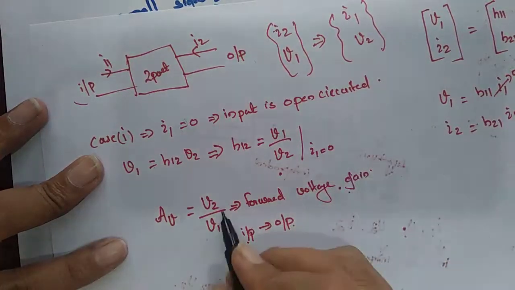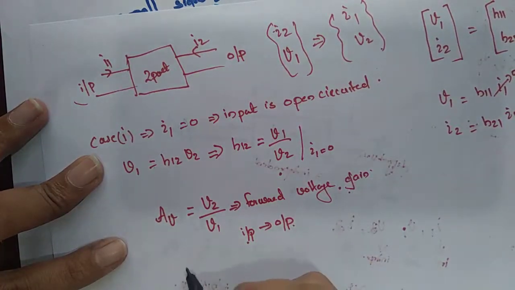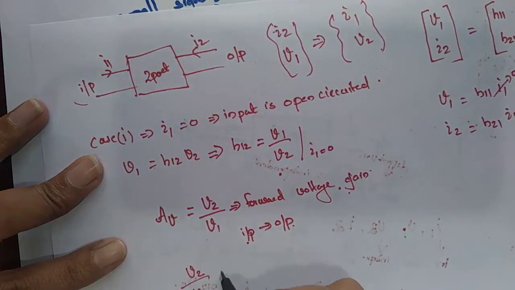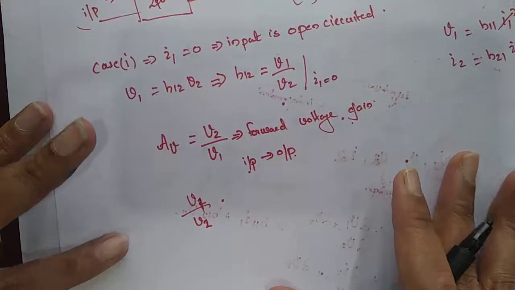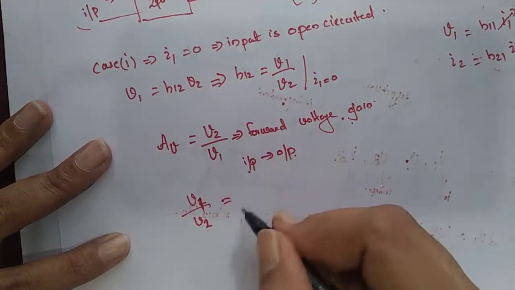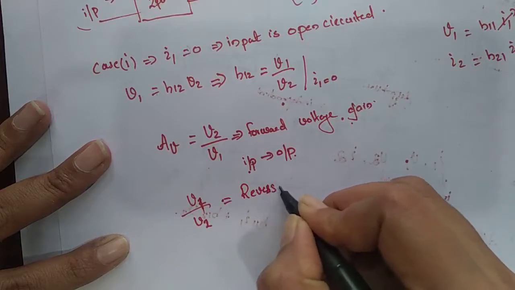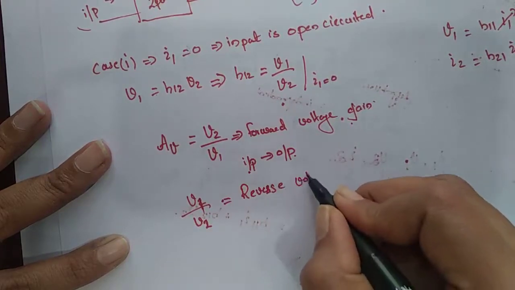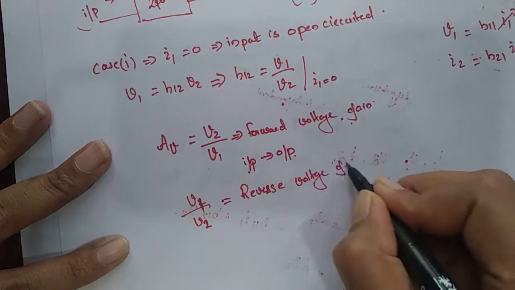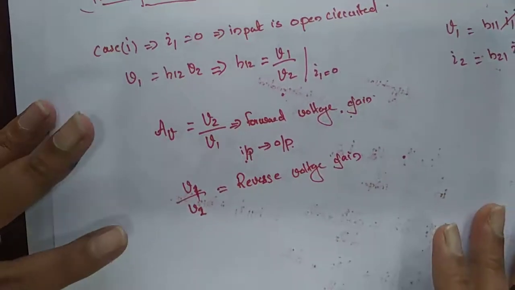So if V2 by V1 is the forward voltage gain, what do we call V1 by V2? V1 by V2 is the inverse, or I can call it the reverse voltage gain.